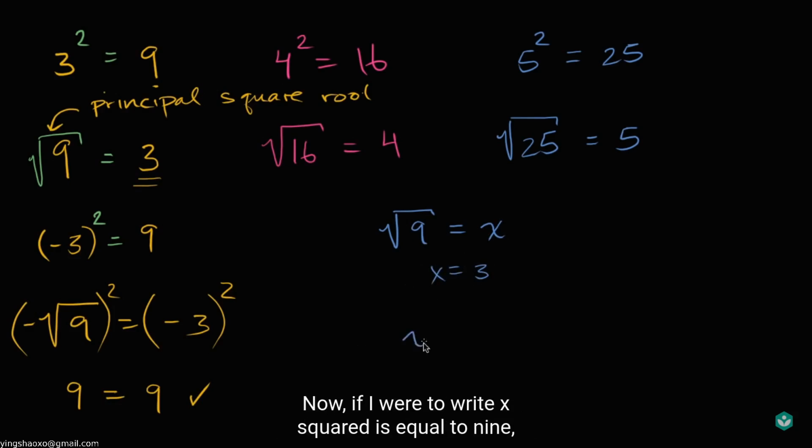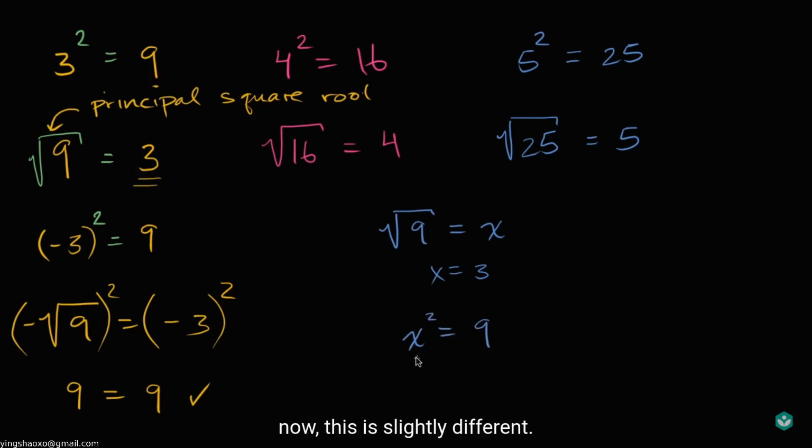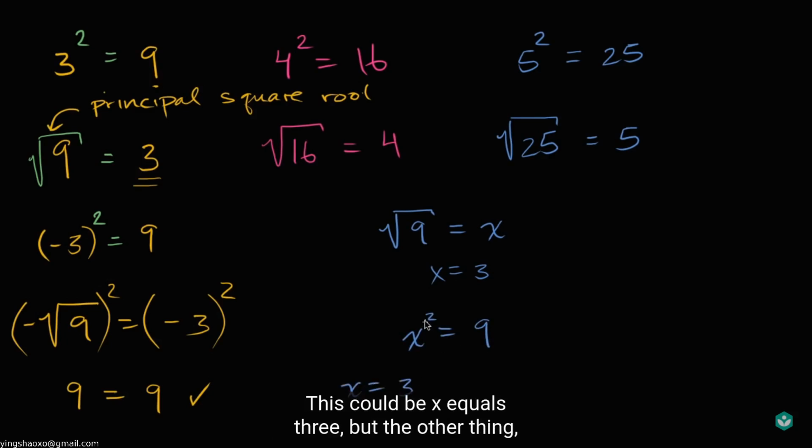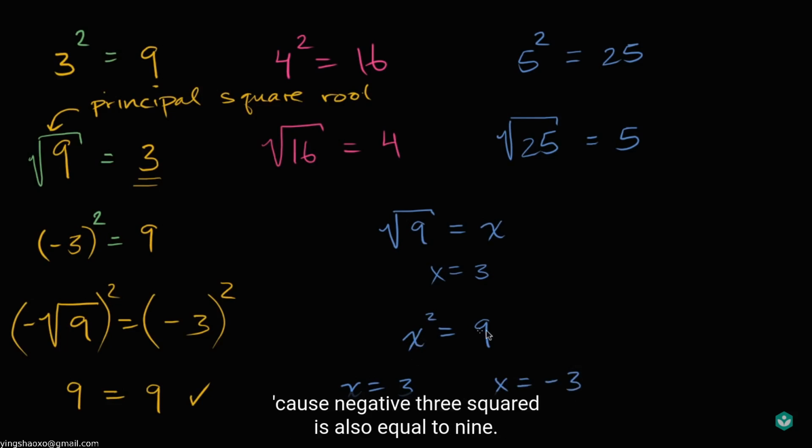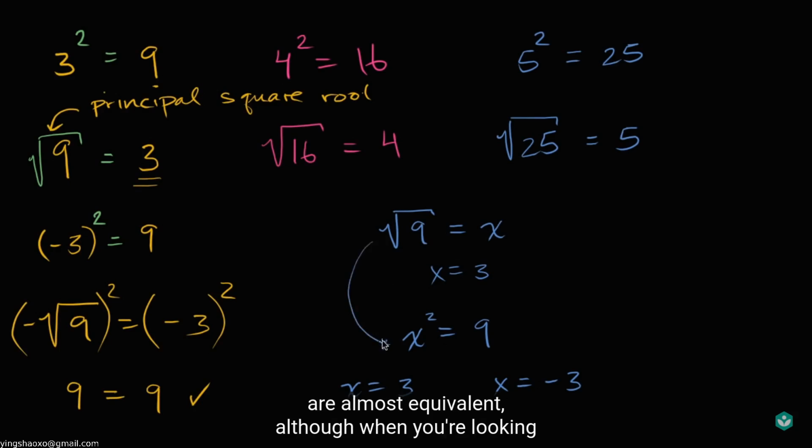Now, if I were to write x squared is equal to 9, now this is slightly different. x equals 3 definitely satisfies this, but the other x that satisfies this is x could also be equal to negative 3, because negative 3 squared is also equal to 9. So these two statements are almost equivalent.